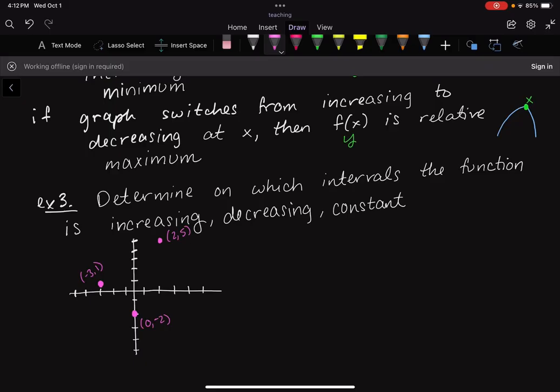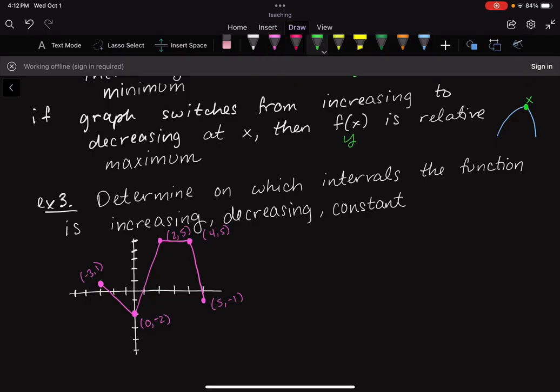Then we'll come over to the point 4, 5. Then we'll come back down to 5, negative 1. Okay. So here's what we're doing. I'm going to connect all these points. All right. Here's my graph.